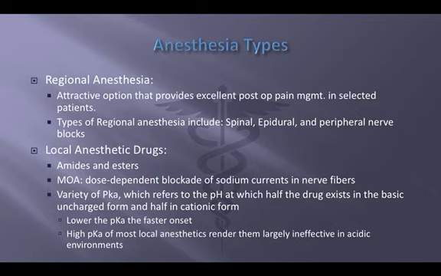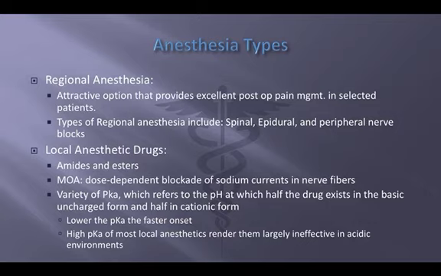So what drugs are we going to use for this regional anesthesia? These are going to be your amides and your esters. These are dose dependent. They cause a blockade of the sodium current in your nerve fibers. There's a variety of pKa's, which refers to the pH at which half the drug exists in the basic uncharged form and half in its cationic form.